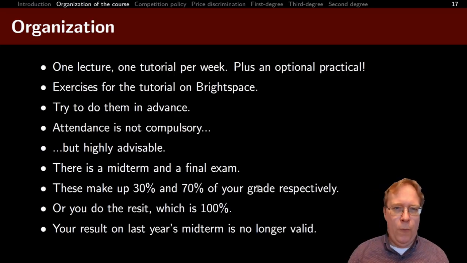Also, good to know, the exam will not only cover exercises, we will also ask you about the content of the material, which should be easy because you can just learn that, but somehow people still score very badly on those questions. So do take that into account. If you already did this course last year, then clearly your midterm will also not be valid for this year. You will have to start all over again.